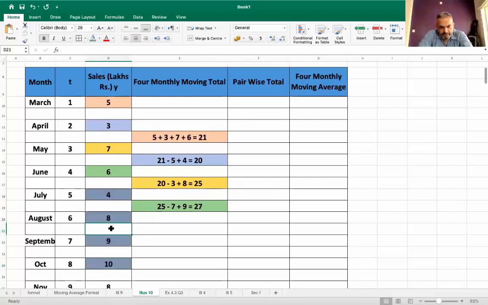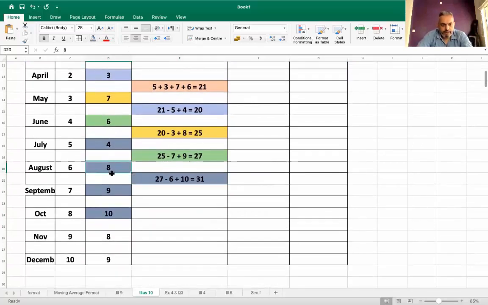Again now between 6 and 7, so 27 minus 6 plus 10, which is equal to 26, plus 27 plus 4 is 31. So 31.